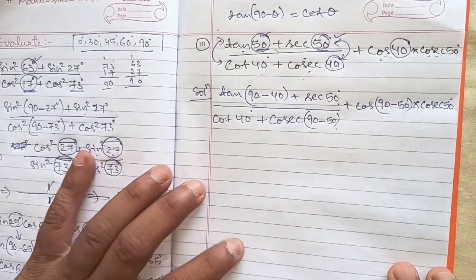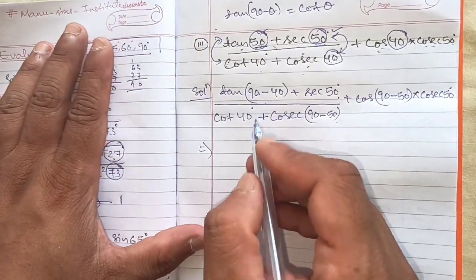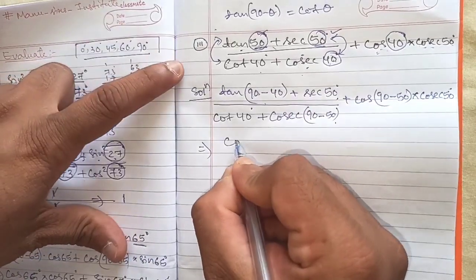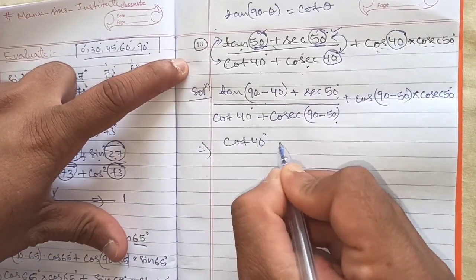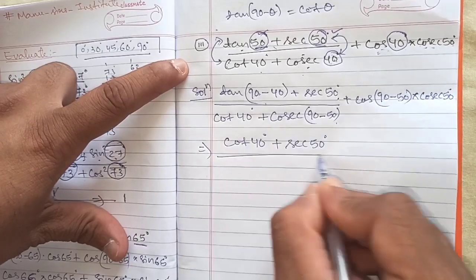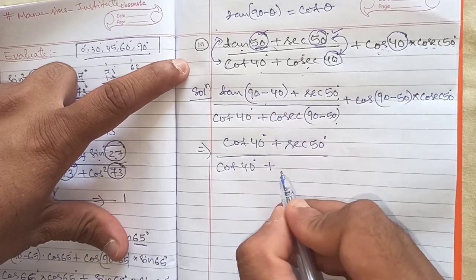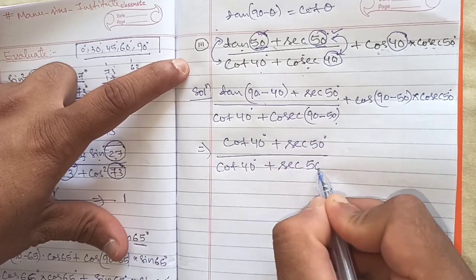Okay, are you getting? Next, tan 90 minus theta is cot theta, cot 40 degree plus sec 50 degree as it is, cot 40 degree plus cosec 90 minus theta is sec 50 degree.